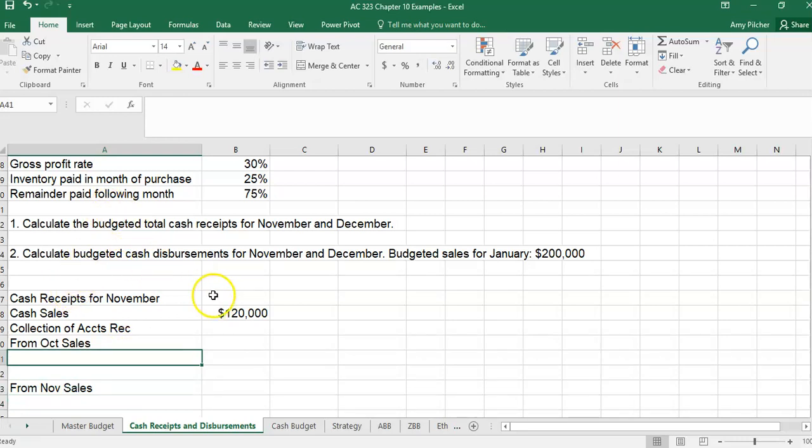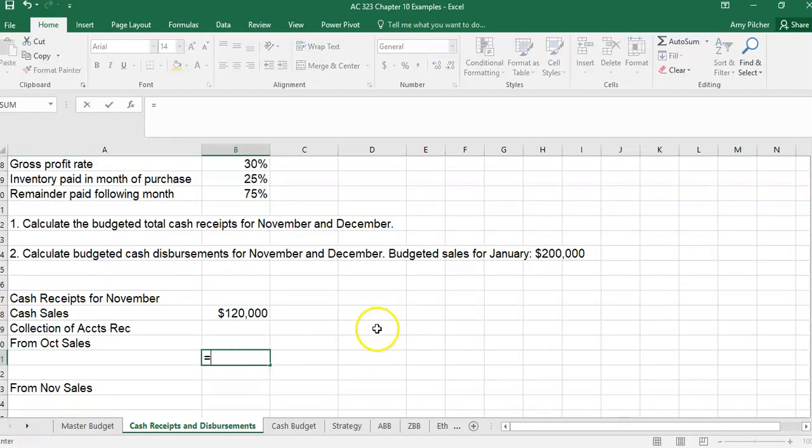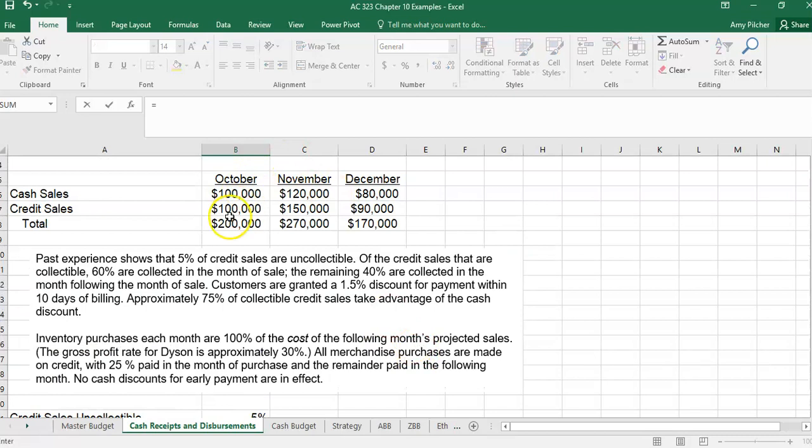So first we have our 75% of customers that take the discount. So we're going to have that we had credit sales from October of $100,000.